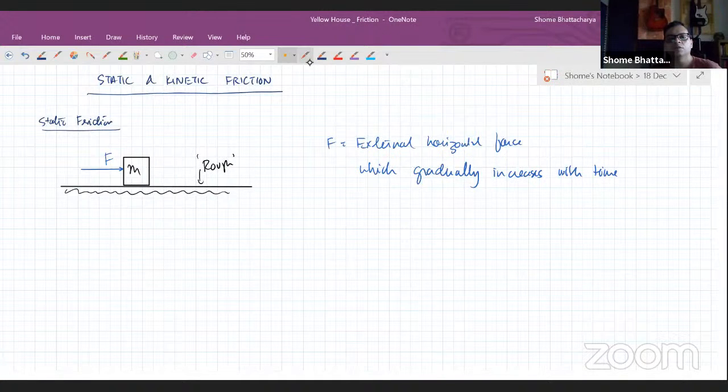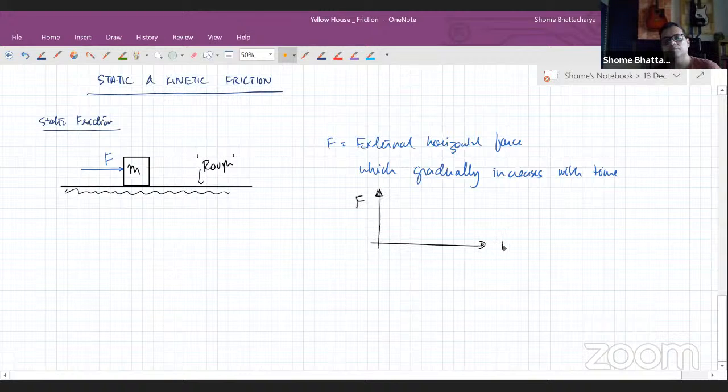Okay. So just to represent this force, I'm showing force as a function of time. And I'm observing that the force is increasing very slowly like this. So with time, the force is increasing. Now what I'll observe, as far as the block is concerned, is that the block is at rest initially. The block will not accelerate for some time.